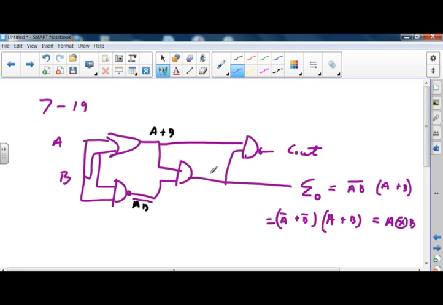All right, so now we got carry out. It's going to be A or B, A, B knotted, A or B, the whole thing knotted.